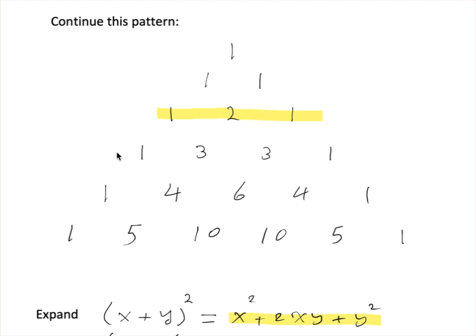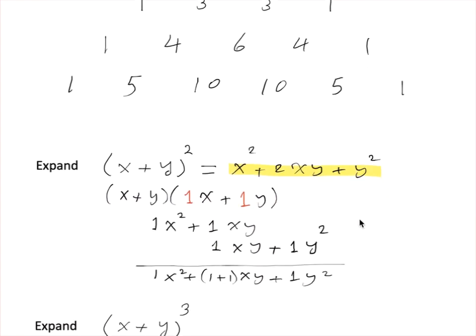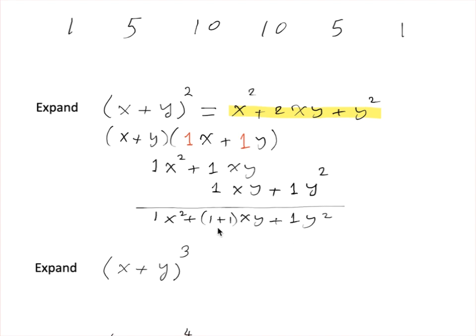And then when you go to the next row, 1 plus 2 is 3, 2 plus 1 is 3. And the next row, 1 plus 3 is 4, 3 plus 3 is 6, 3 plus 1 is 4, and so on. And that's how we got 1, 5, 10, 10, 5, 1: 1 plus 4 is 5, 4 plus 6 is 10, 6 plus 4 is 10, 4 plus 1 is 5, and so on. So that's how that is made. So 1 plus 1 will give you that middle term.